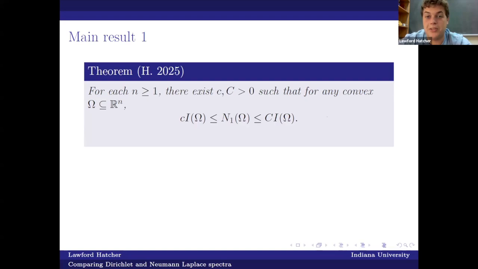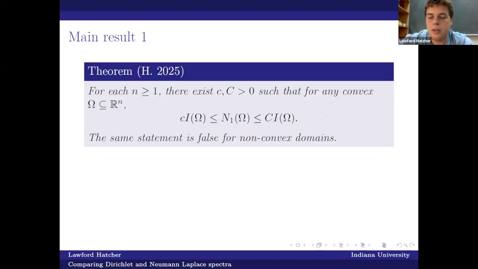I want to emphasize that the theorem is just for n_1. It's not for n_k. For the particular case k equals 1, this is also a bit stronger than the Freitas-Gamma conjecture, right? Because there's no square root in this. It's just the isoperimetric ratio. But it's different because it's not stated for all k. It's stated just for k equals 1. And then the second statement of the theorem is that this same statement is strictly false for non-convex domains. And I'm going to talk a little bit about the counterexamples in the next slide.